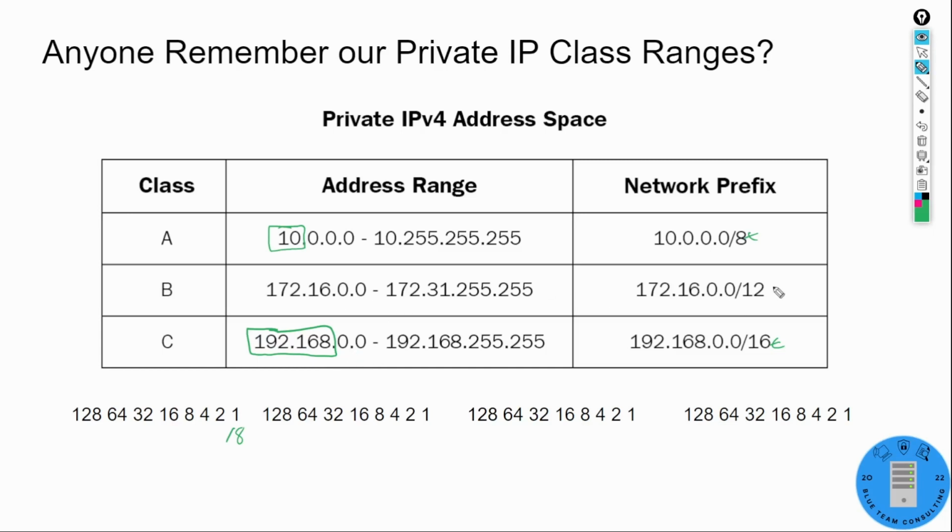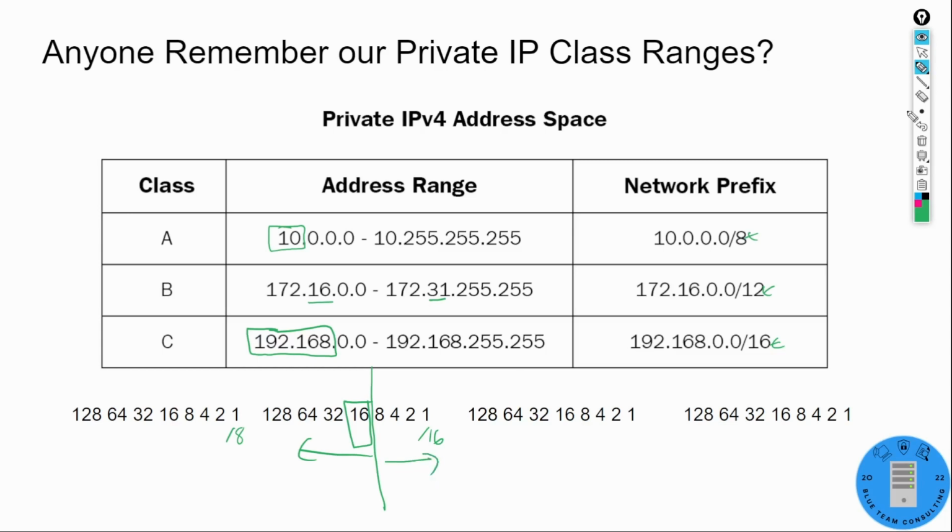Same with /12. But instead of ending on a nice even octet of 8, 16, 24, or 32, it lands on a /12, so 9, 10, 11, 12. So that's why it's 172.16 to 172.31, because when you break that out, you're allocating this much for the network and this much for the hosts.